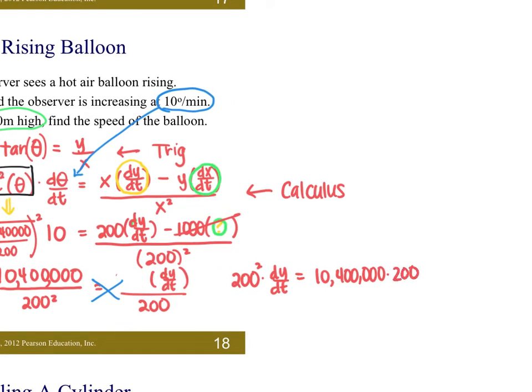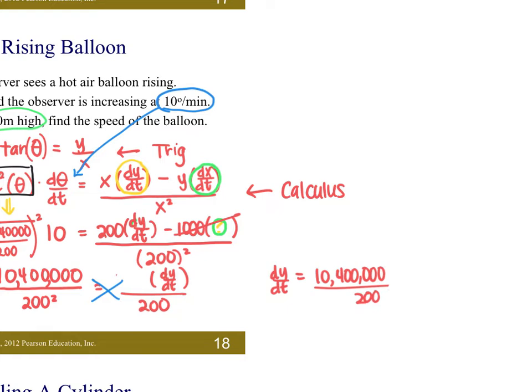And then we can divide both sides by 200 squared to finish the problem. So we can reduce both of these, and we can reduce this 200 with that square. All right, so get rid of that, and we've just reduced.